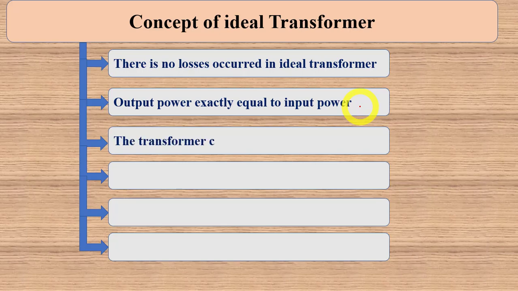The transformer core has infinite permeability. Infinite permeability implies that no magnetizing current is required for establishing magnetic flux in the core. That means flux is established in the core without any magnetizing current.